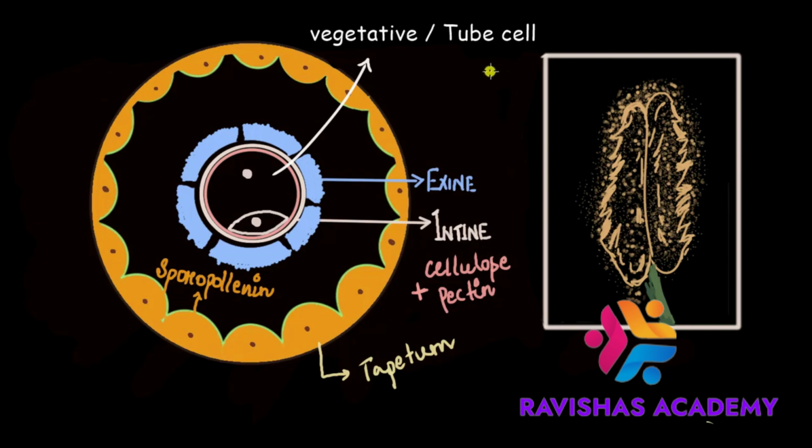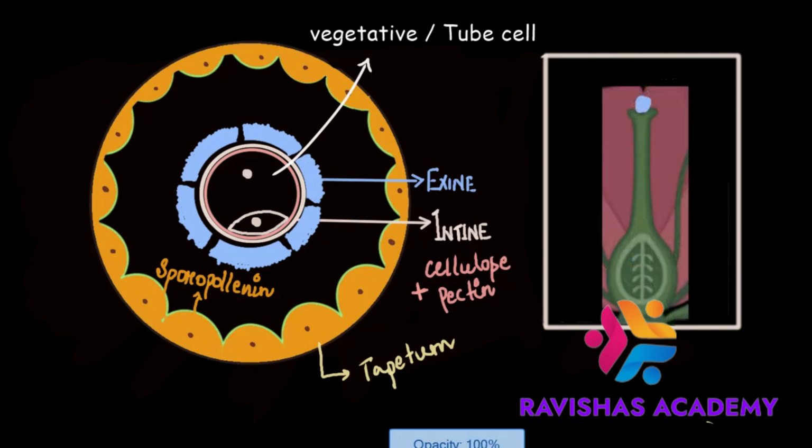Can you guess why we call it a tube cell? Well, this is because this cell gives rise to what we call a pollen tube. So if we consider this to be a pollen and here are the eggs of a flower, then from this part of the cell, the pollen tube develops. So this is the pollen tube that reaches the egg, and through this tube the male gametophyte travels.